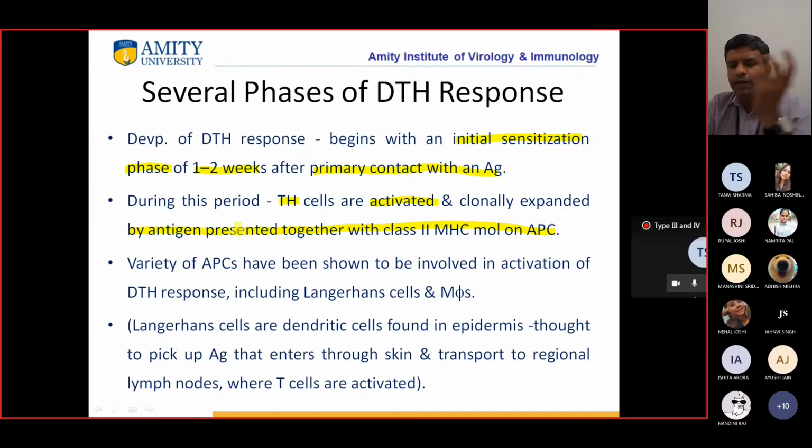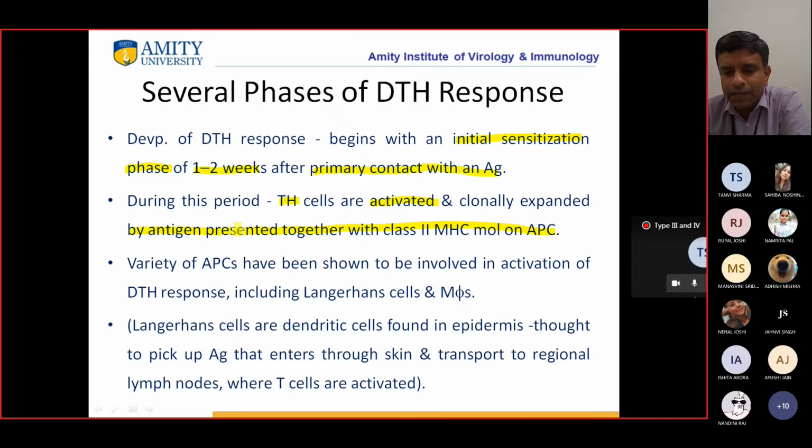Okay. Now, a variety of antigen presenting cells have been shown to be involved in activation of DTH response: the dendritic cells, macrophages, and the B cells. Langerhans cells and macrophages have been shown to be involved in activation of DTH response.